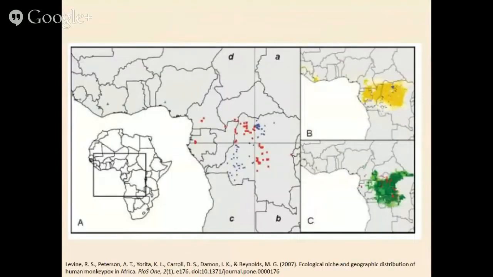So this has been developed previously to map infectious diseases. In this example, the researchers developed a model using the blue points, and then they evaluated the model with the red points, and they did the same in the opposite configuration, using the red points to calibrate the model and then evaluating the model using the blue points.